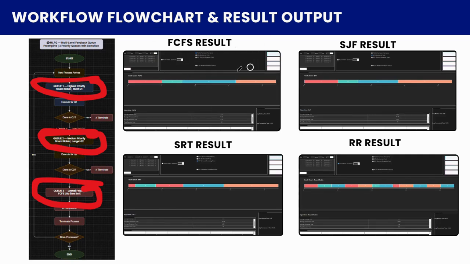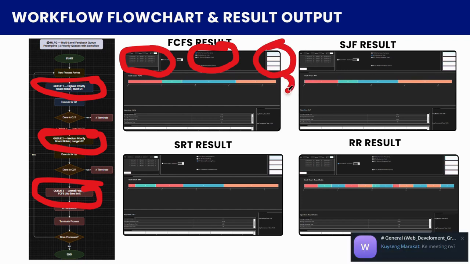And here is our result. We have implemented a GUI. You can see in our first come first serve result, you can add the process here, or you can import, and you can choose the algorithm, and you can run the simulation here. After we run the simulation, you will see the Gantt chart.